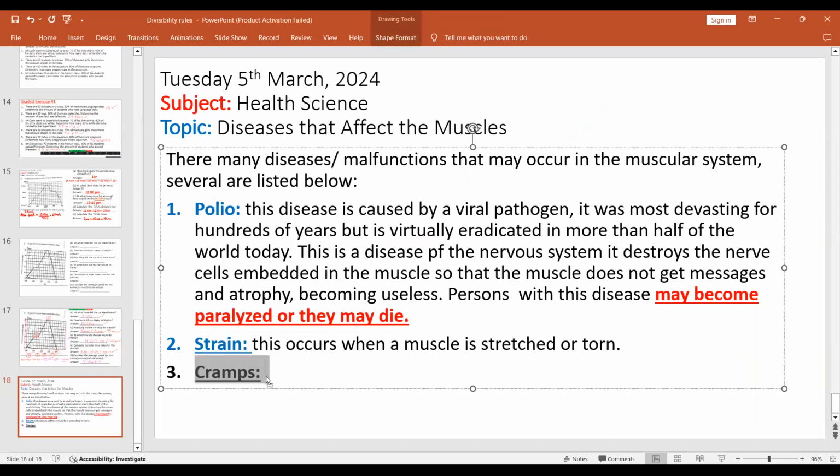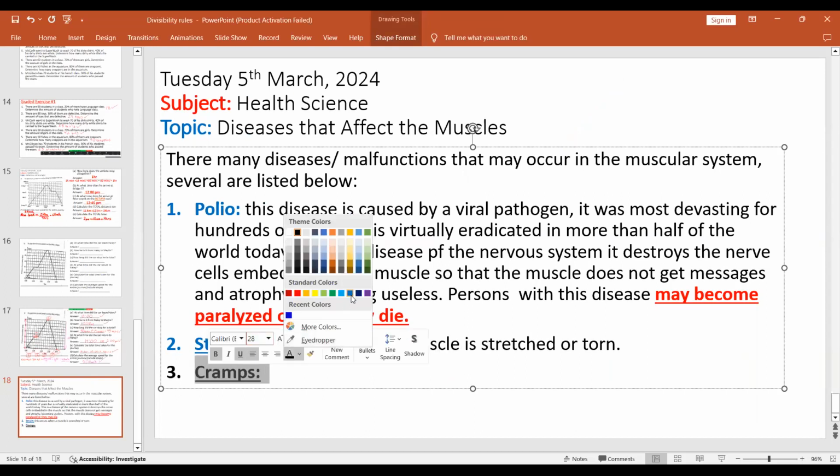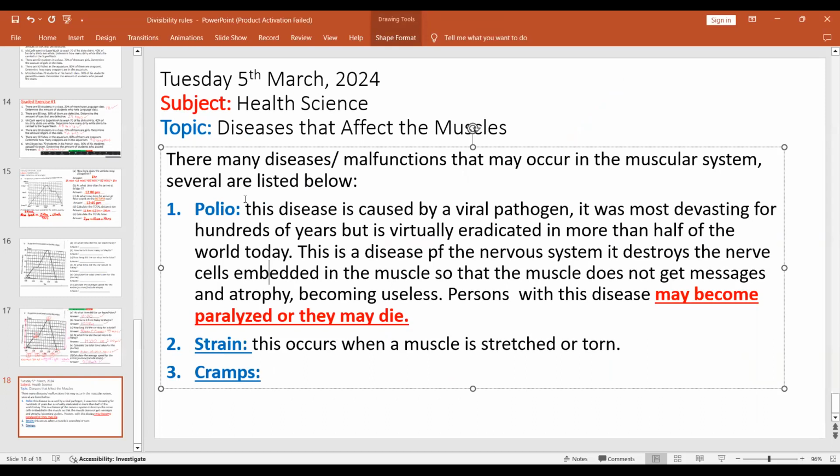I think that's normal. I think that happens to everyone. Like if you wake up in the bed in the wrong position and you stretch, yeah, you can end up getting a cramp or something like that.